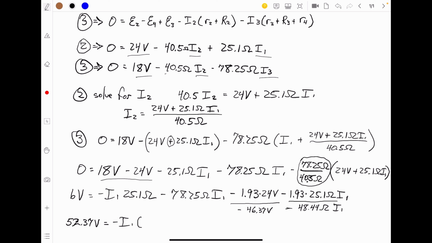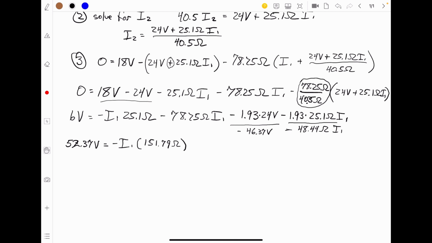That's 151.79 ohms. So far so good. We'll bump up here a little bit.